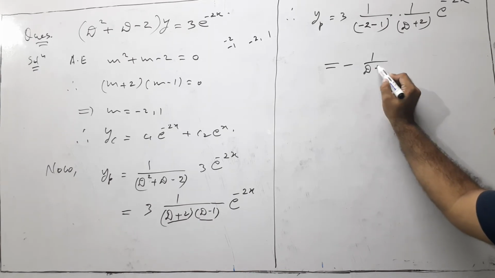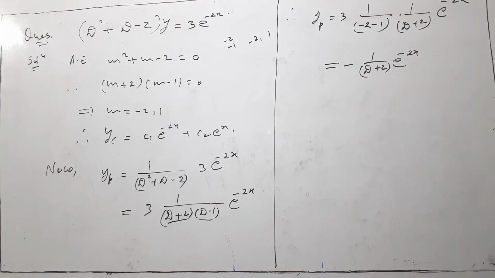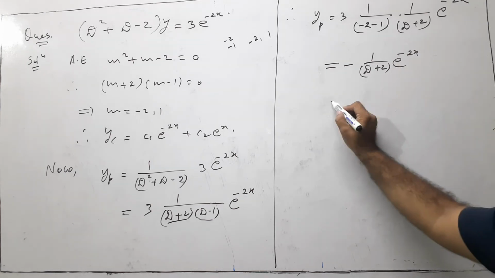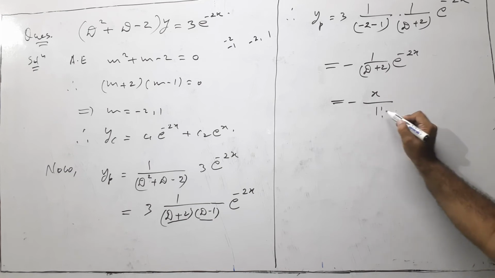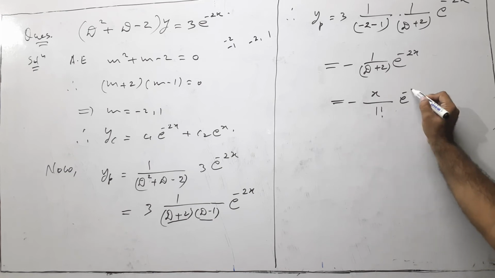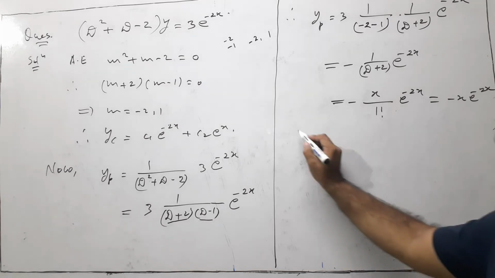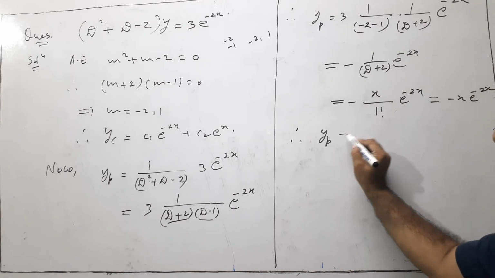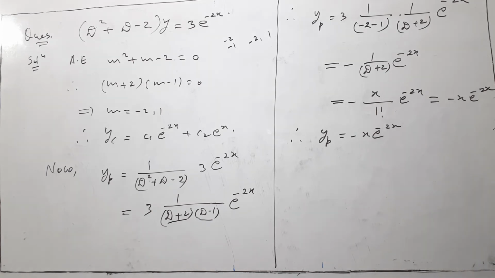We have 1/(D + 2) e^(-2x). Here the multiplicity is 1, so we have x^1 over 1 factorial and e^(-2x). This is minus x e^(-2x). That is yp is minus x e^(-2x).